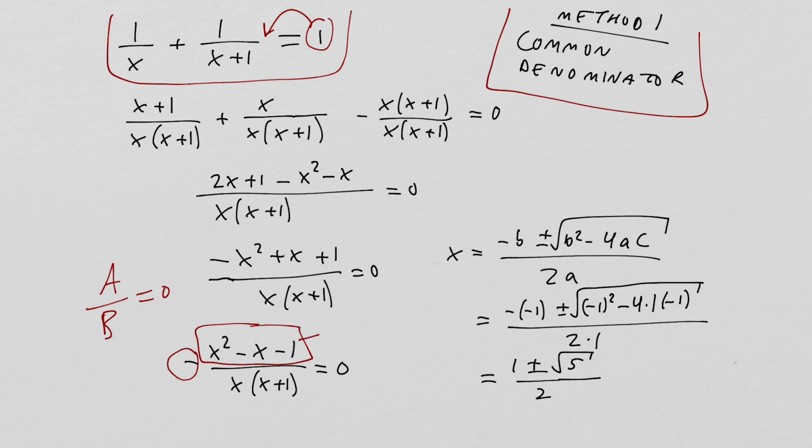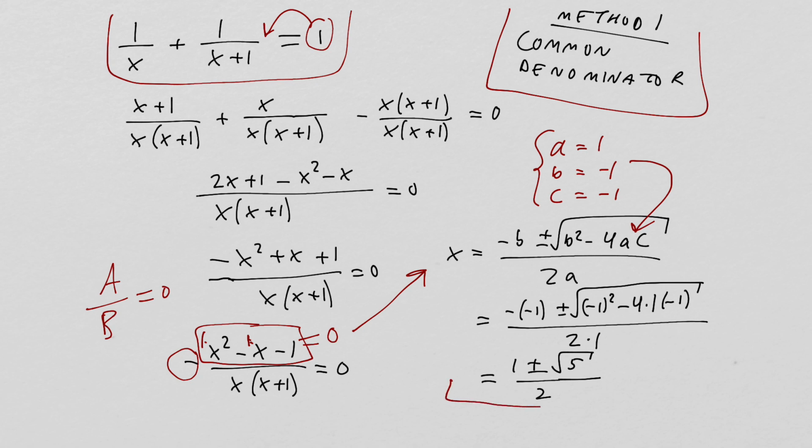So we have that this should be 0. By using the quadratic formula, now we have a equal to 1, b equal to minus 1 and c equal to minus 1. Substituting these things to the formula, we have that x is something like this.